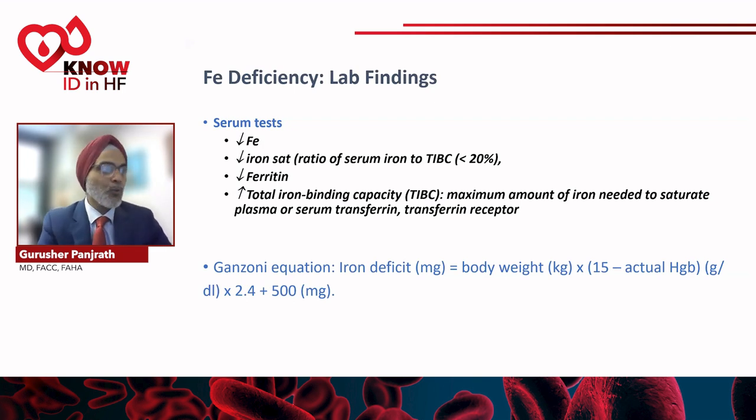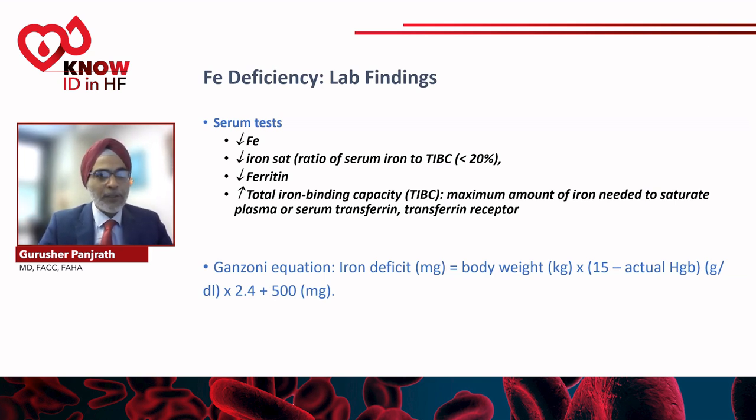Now, coming back to what is very unique about iron deficiency in heart failure diagnosis, these are some of the findings you may see. This is reduced serum iron and ferritin. You also see reduction in iron saturation, and based on recent trial definitions, this is what was used, and now it's been adopted by the recent guidelines, both ACC/AHA and Heart Failure Society guidelines, as well as the ESC guidelines, where it's defined as a transferrin saturation less than 20%, reduced ferritin, and increased iron binding capacity.